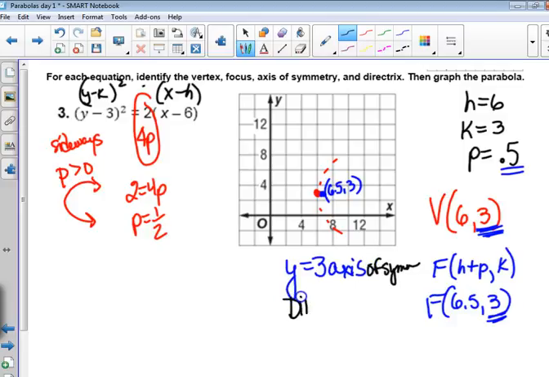The directrix is x equals h minus p, is that right? Which would be 6 minus 0.5. So x equals 5.5, which is this line right here, if I were pretending to draw it accurately.